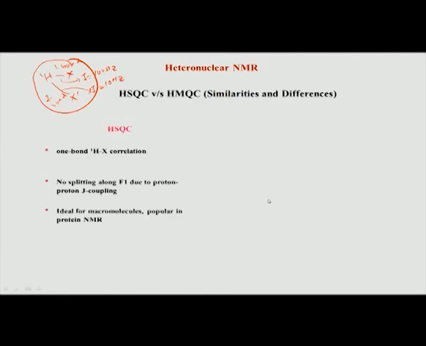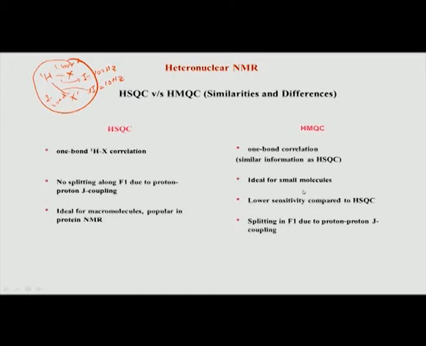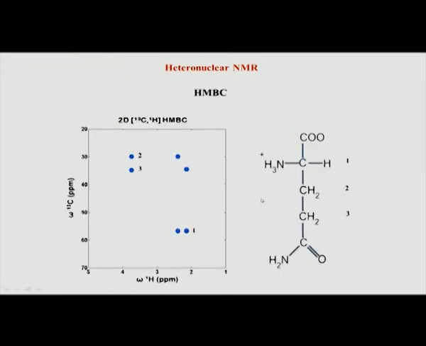So HMQC is preferred for small molecules, and HSQC ideally for large molecules where you want maximum sensitivity, where speed may not be the factor, and you can do many more sensitivity enhanced approaches. These are the broad differences between the two, and we will now move to the third experiment called HMBC.